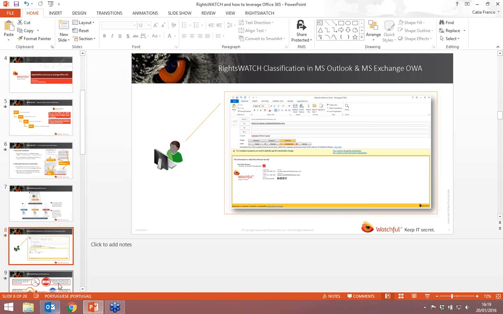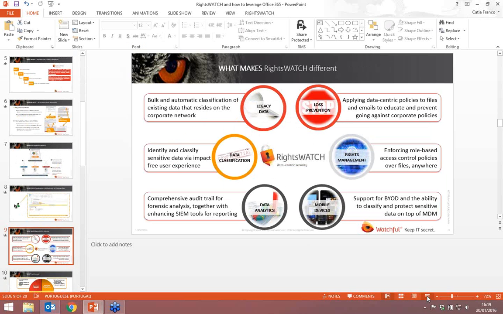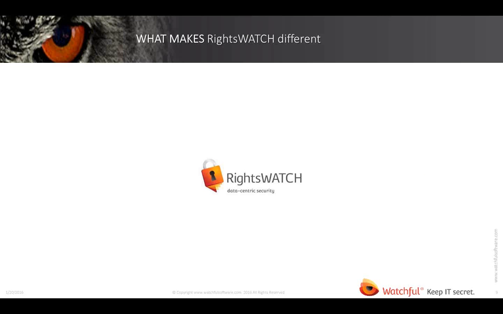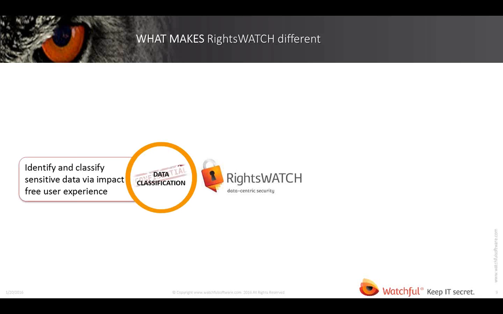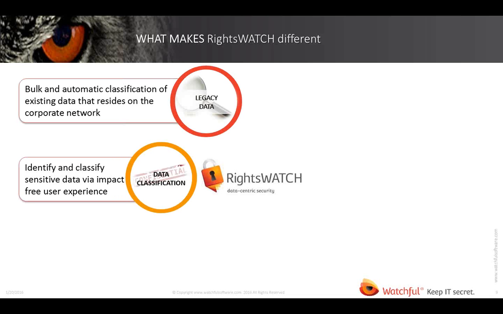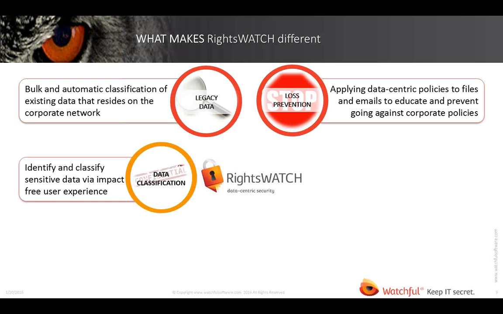just let me give you some points on how RightsWatch makes it different. It makes it different because we can identify and classify data with a great user experience, as you could just see. We can classify pre-existing data. We can apply data-centric policies to educate users.